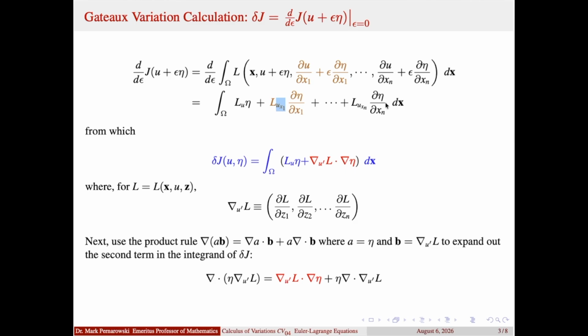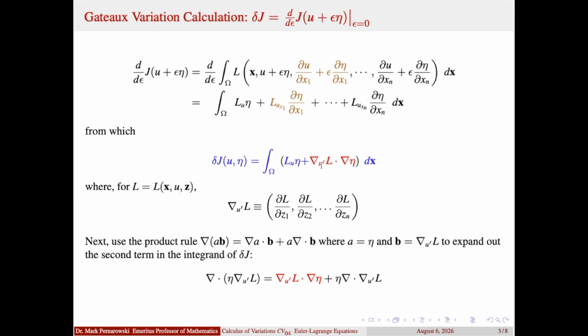If you look at that, you can deduce that the first variation is going to be this first term here. And then all that remains is a different kind of gradient of L dotted with the gradient of eta. So gradient of eta is eta in x1 to eta in xn.